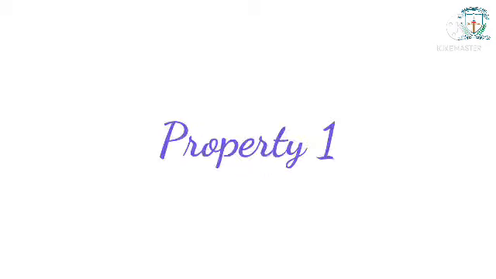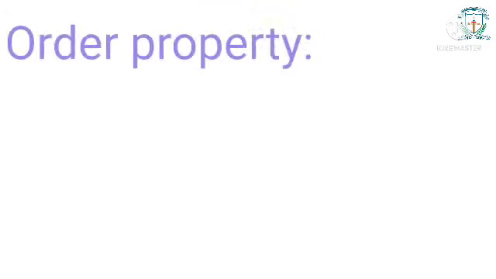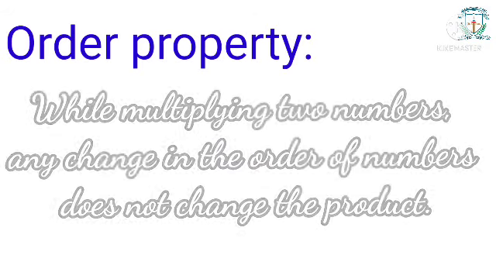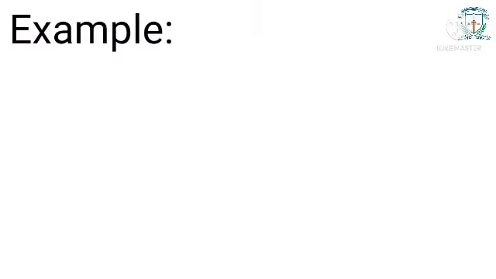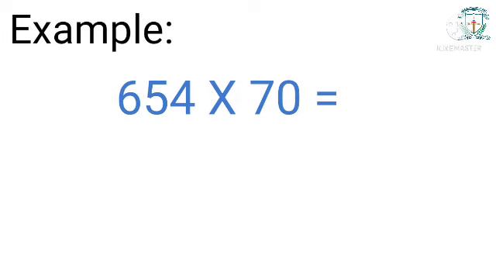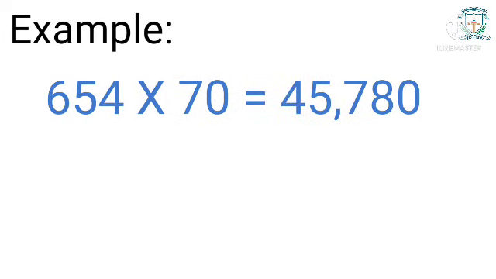Properties of multiplication. Let us recall the important properties of multiplication. The first property is order property. While multiplying two numbers, any change in the order of numbers does not change the product. Example, 654 multiply with 70, we get the product as 45,780.